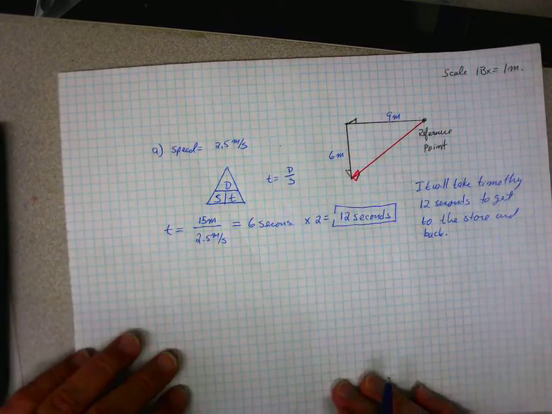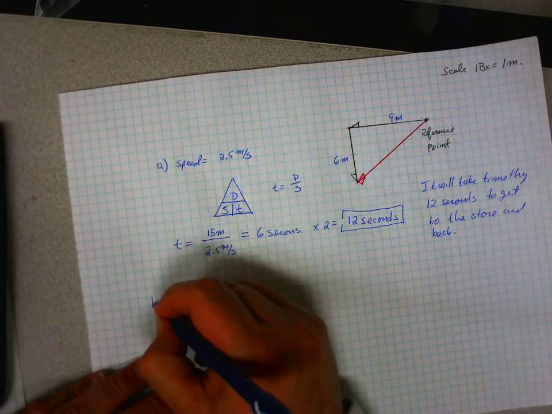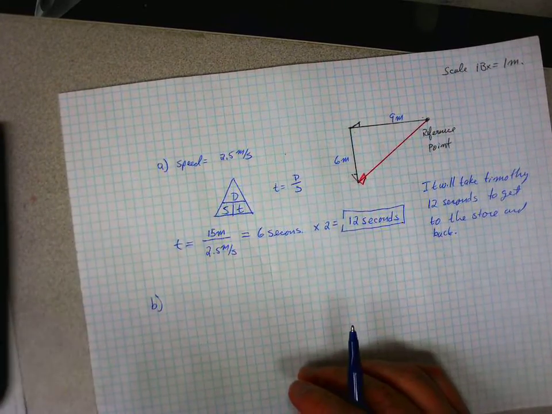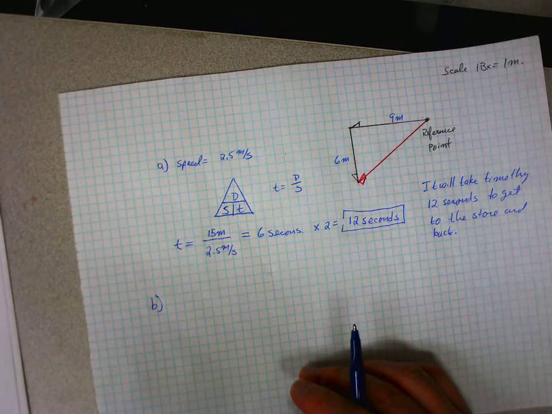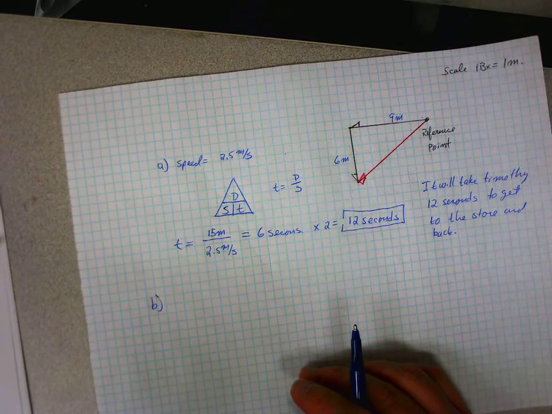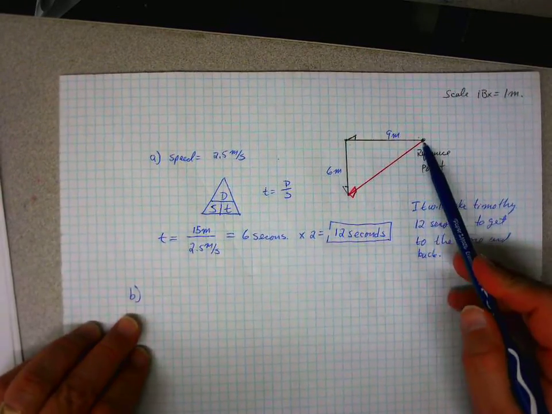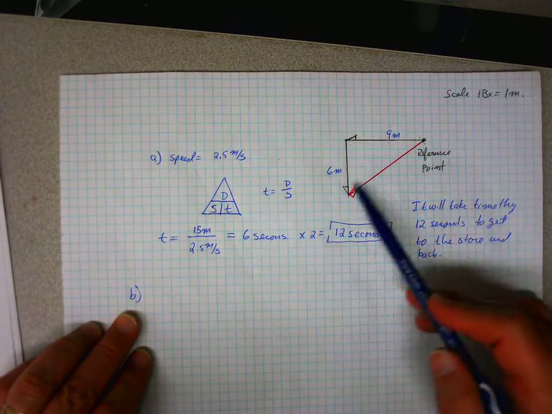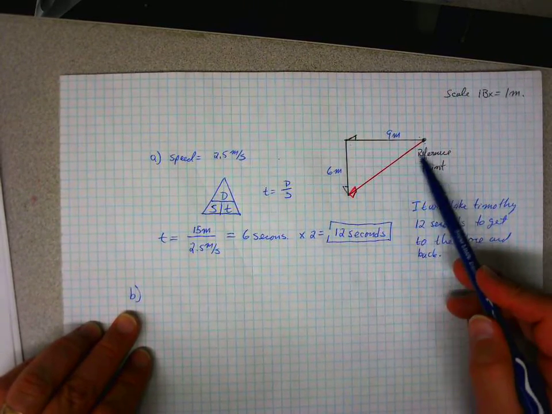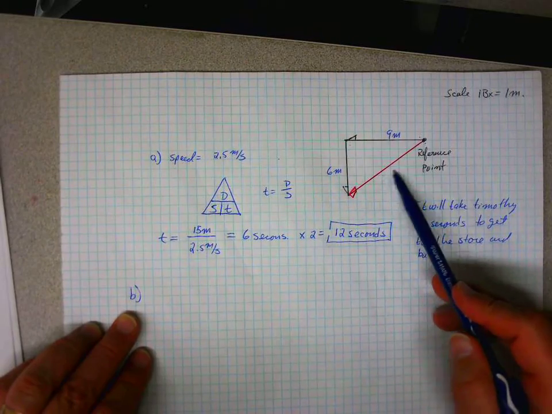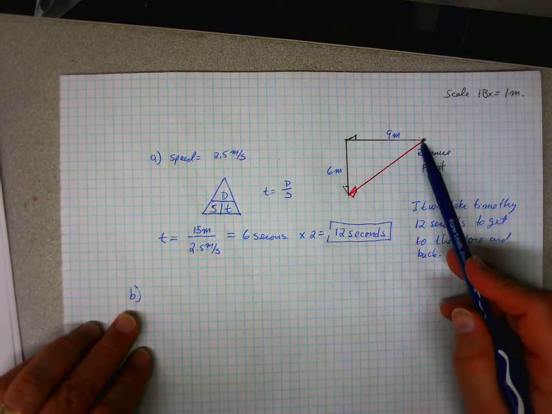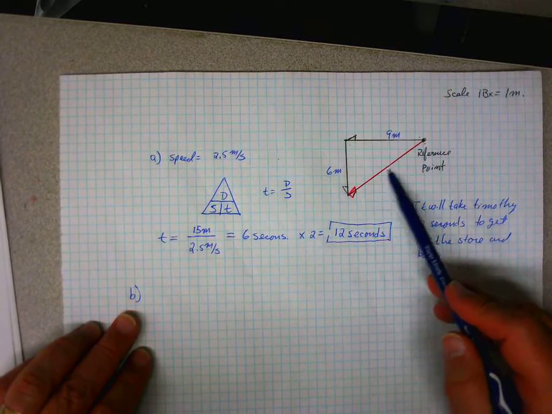Now let's go to question number B. B is asking, if Timothy could just ride straight to the store, what distance would he have to travel? So if he can go from his current location straight to the store, what would be the distance that he would have to travel? So we're asking, what is this distance, the resulting distance?